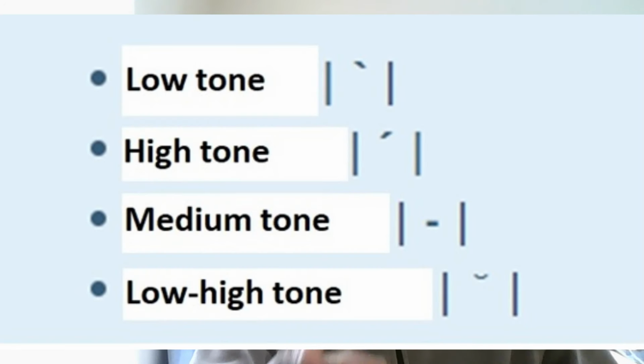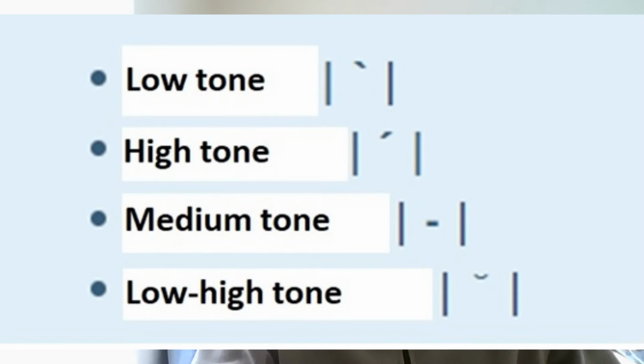FON language is a language written with tones. If you want to speak it, you have to know the tones in the language. And we have four principal tones. The first one, I'll show it on the screen. Hope you are seeing it.